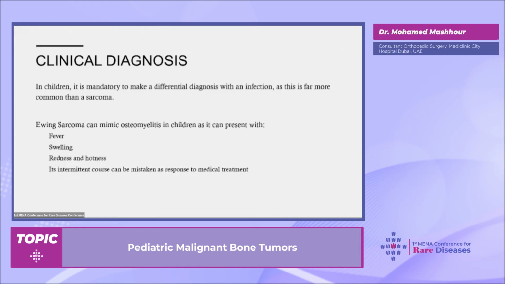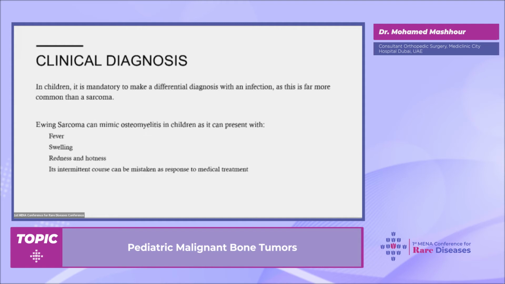It's mandatory to make a differential diagnosis with infection, as I mentioned earlier, because they both present similarly. It's a very classic scenario, especially with Ewing sarcoma. They present with fever, swelling, redness, hotness, and the mistake here, and the really alerting thing, is that Ewing sarcoma has a very characteristic pattern of remission and exacerbation, where the tumor rises in activity and then completely subsides.